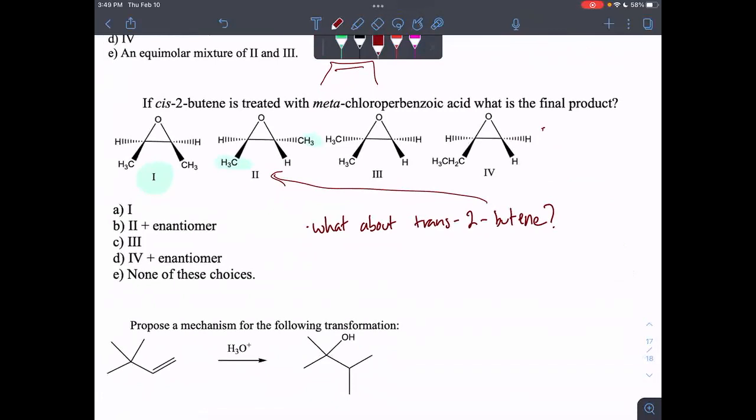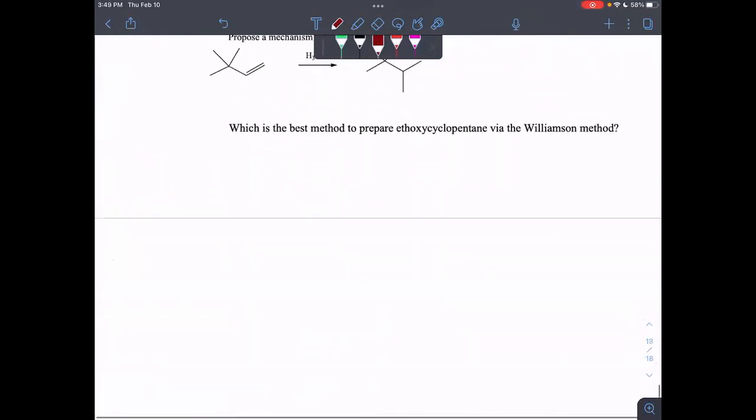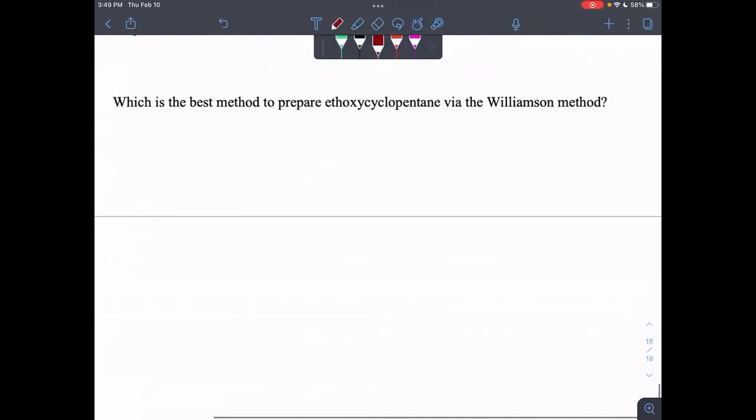The second to last one, I don't think is important. So what is the last one? It's asking you to prepare ethoxycyclopentane via Williamson ether synthesis. So what does ethoxycyclopentane look like? It is a ring.